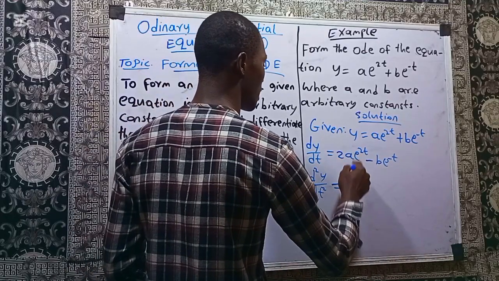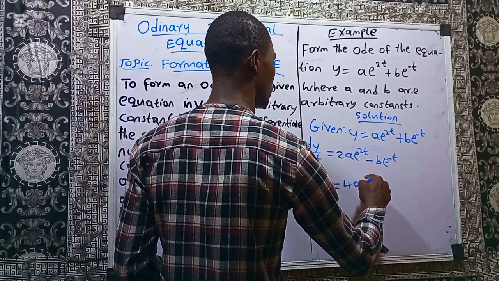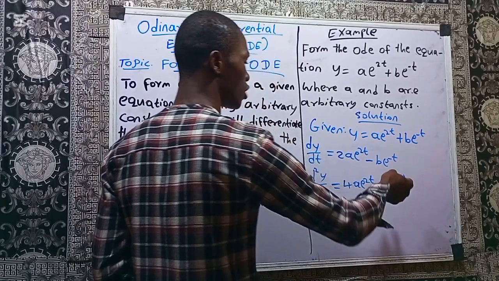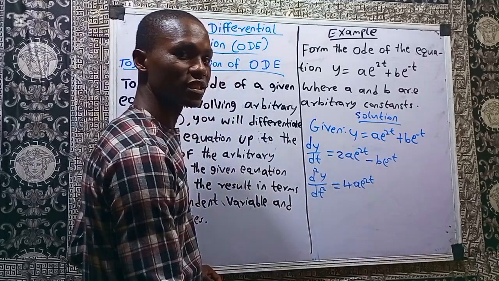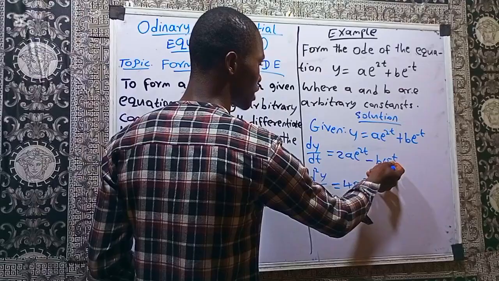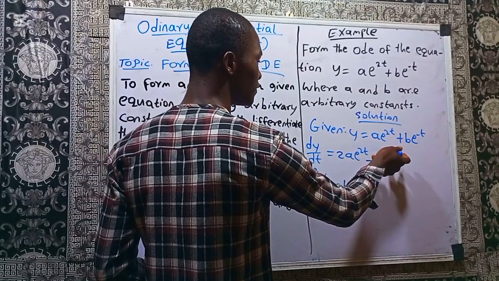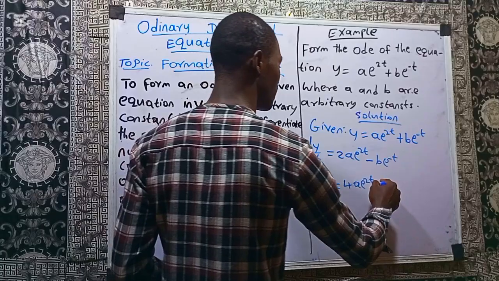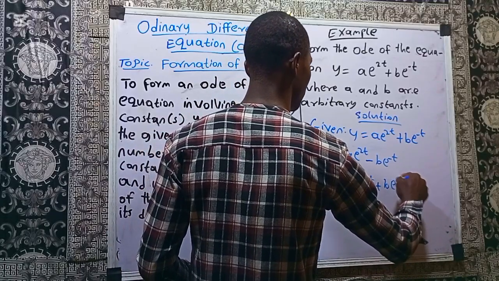You now have 2 multiplied by 2, which is 4. You have 4a exponential 2t. Then what is on the exponential is negative t. If you differentiate negative t, you get negative 1. Use it to multiply the exponential you have. Because what you have here is negative, negative multiplied by negative gives positive. You have positive b exponential negative t.